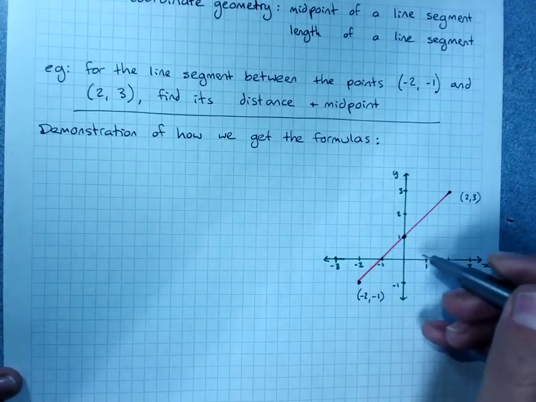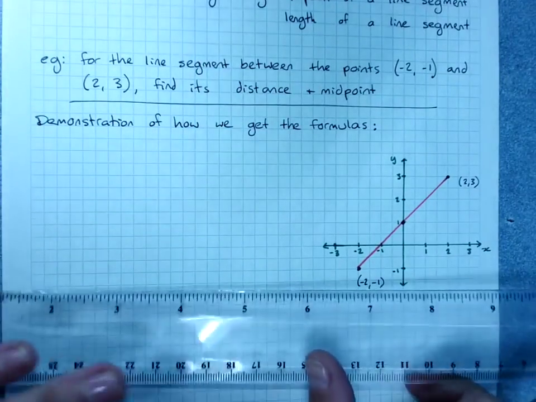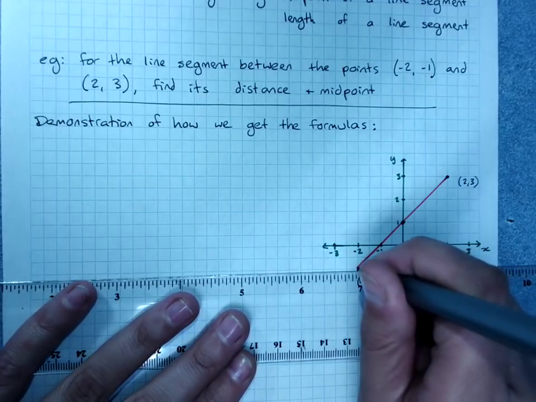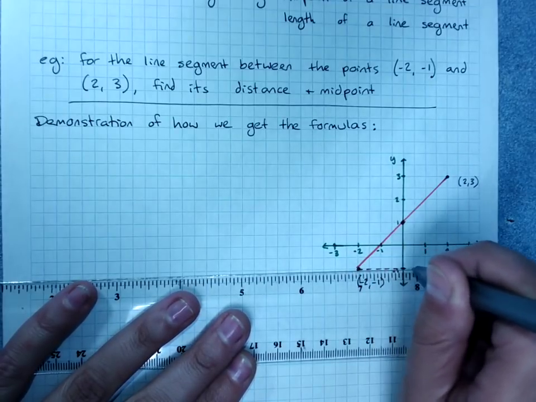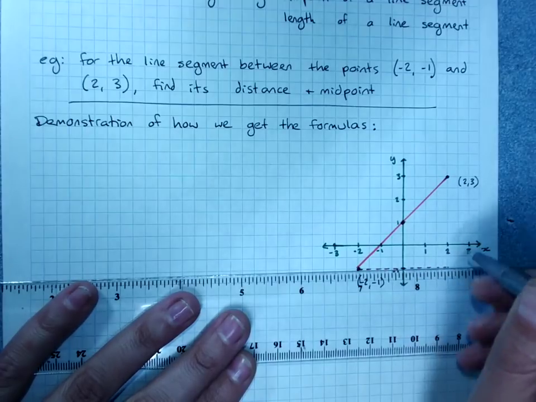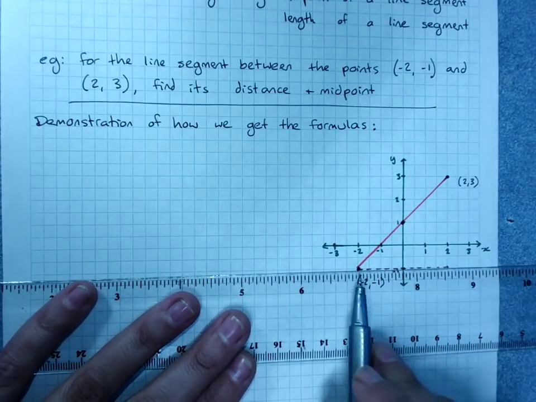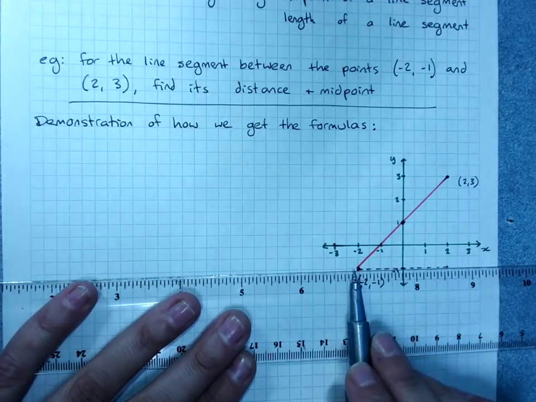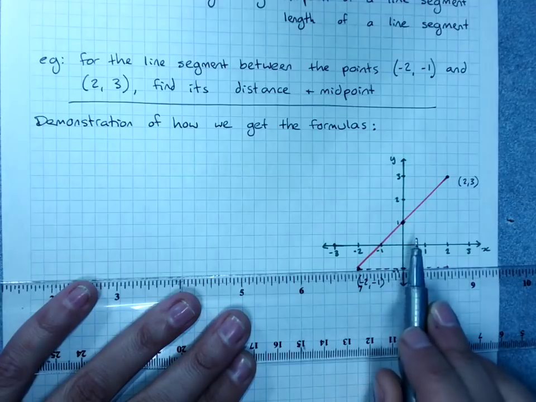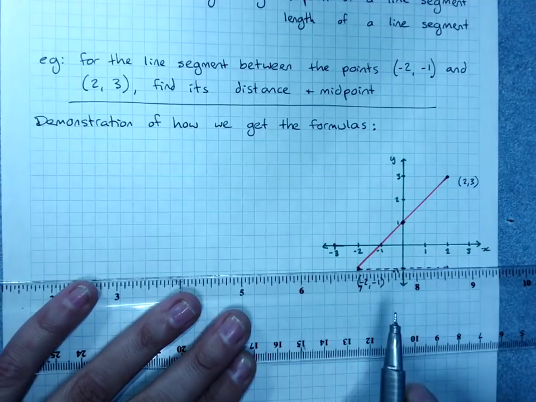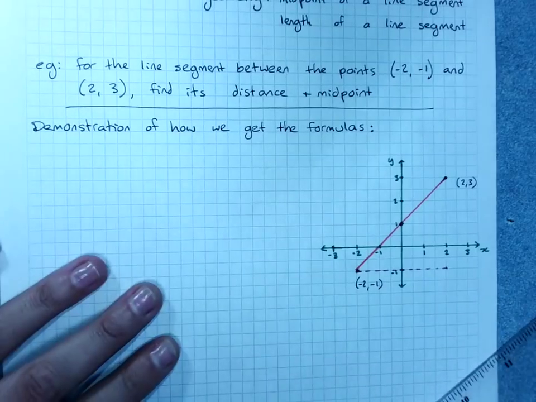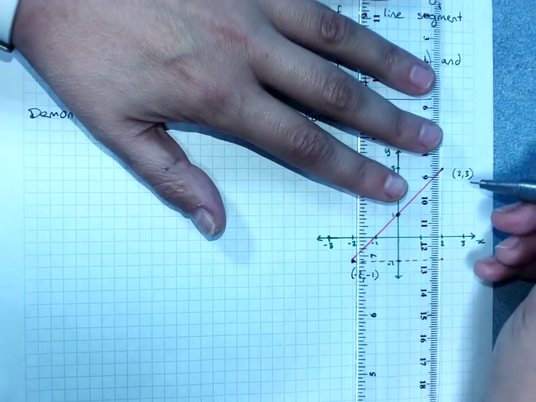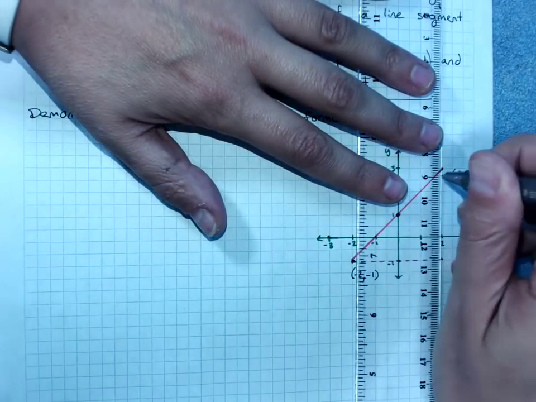The midpoint, if you look at the x values, you can see fairly clearly that the x value of 2 and the x value of -2, halfway between those is 0. And if we look at the y values, here's the y value of 3 and the y value of -1.